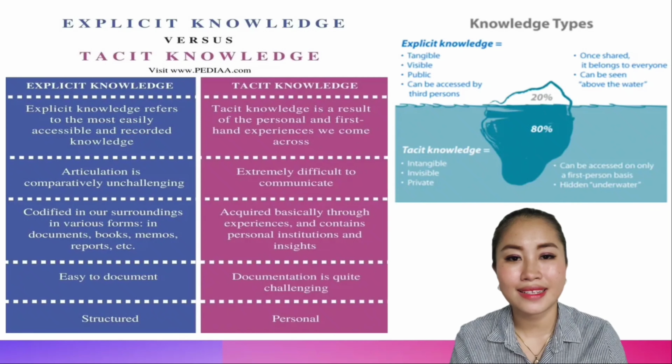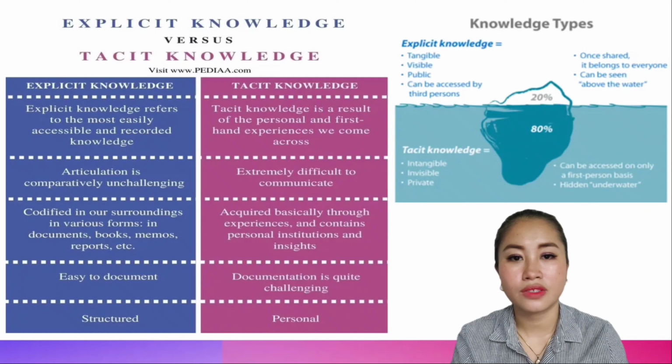Explicit knowledge is codified in our surroundings in various forms: documents, books, memos, while tacit knowledge can be acquired basically through experiences and contains personal intuitions and insights, reports, and others. Explicit knowledge is easy to document, while documentation is quite challenging in tacit knowledge.